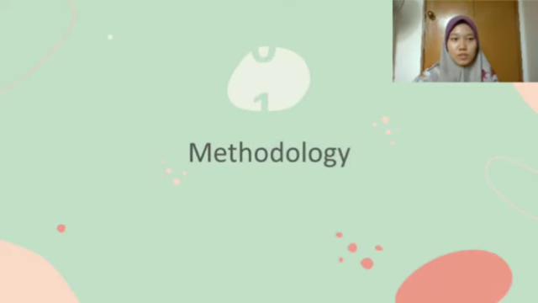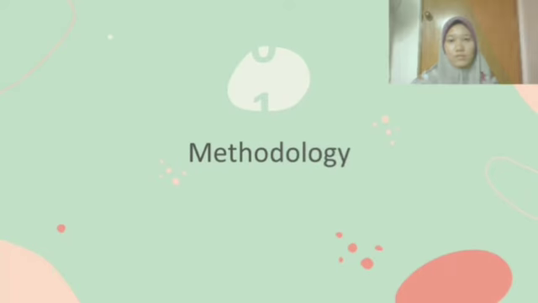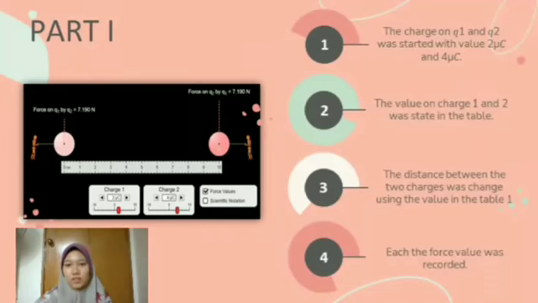Assalamualaikum. My name is Norhusni and I am going to present the methodology of procedure and the result and data analysis. For the methodology of procedure, there are two parts, part 1 and part 2. For part 1, there are 4 steps.